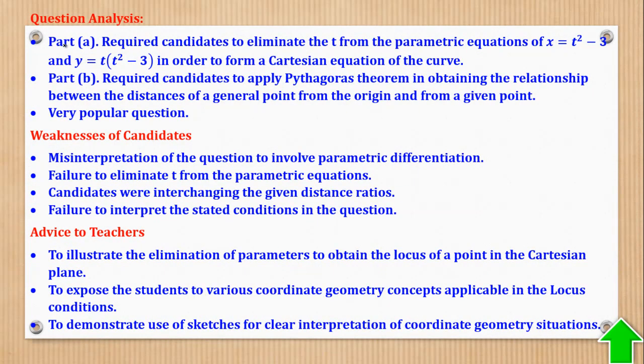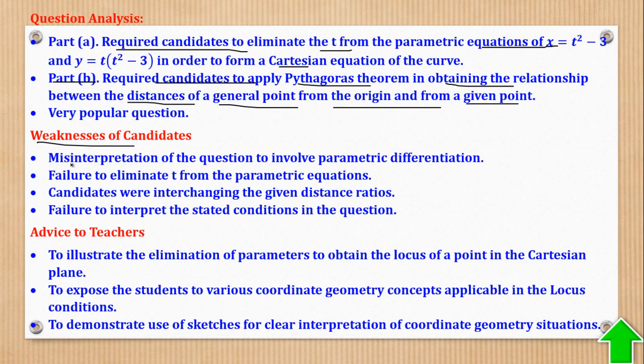So question analysis: part A required candidates to eliminate t from the parametric equation. So when it's a Cartesian equation, you have to eliminate the third parameter. Part B required candidates to apply Pythagoras theorem in obtaining the relation between the distances of a general point from the origin and from a given point.